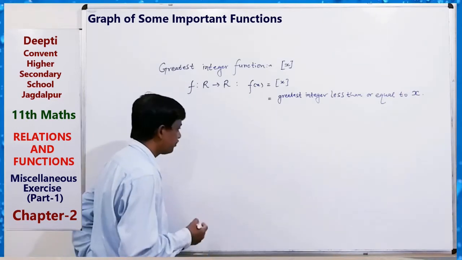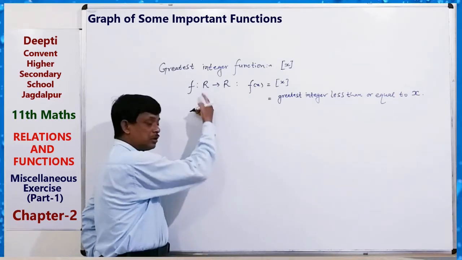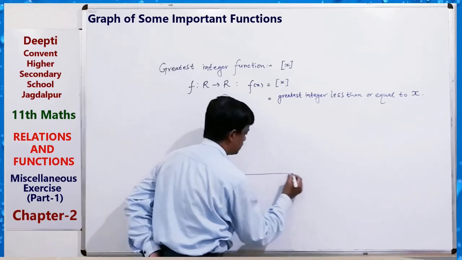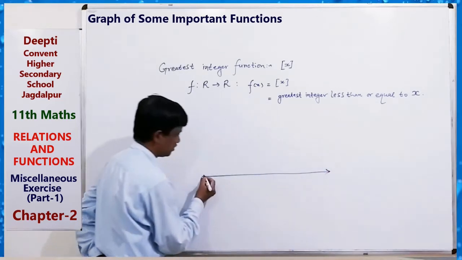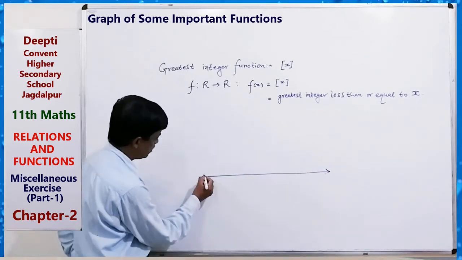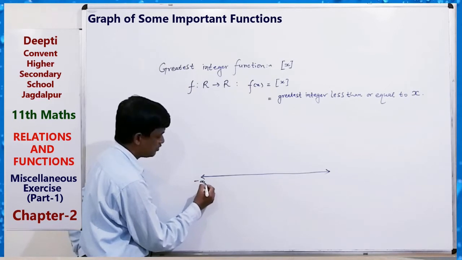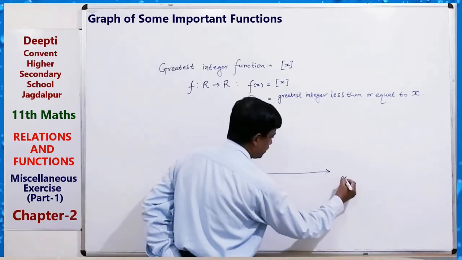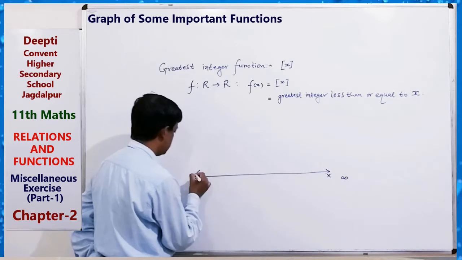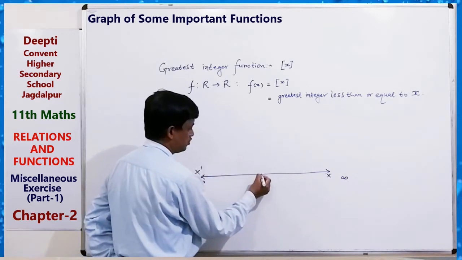How? Suppose the domain is the complete set of real numbers, so this is the real line from minus infinity to plus infinity, the x axis, x dash, 0.